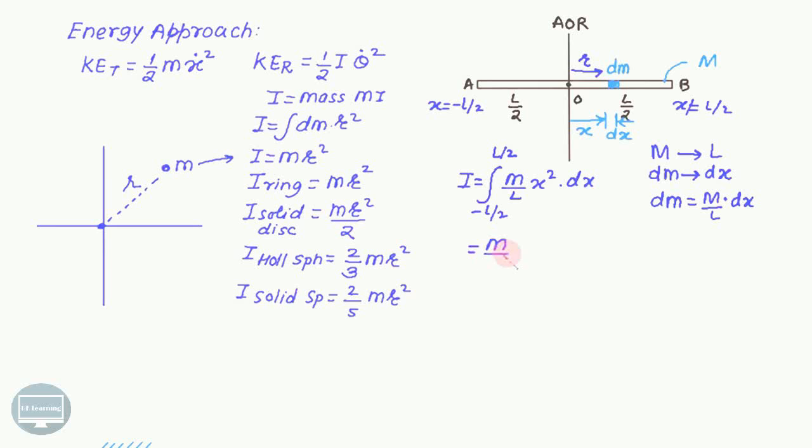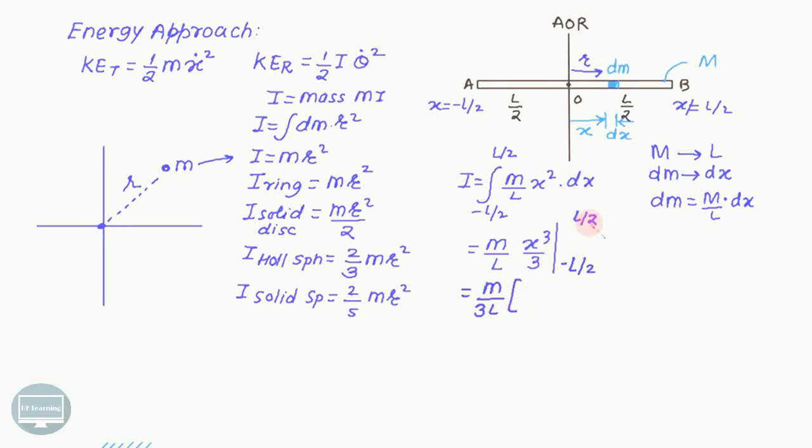This is capital M divided by L, integral of x square, which gives x cube by 3, with lower limit minus L by 2 and upper limit L by 2. You put this back and you will get M divided by L, the 3 stays as it is.